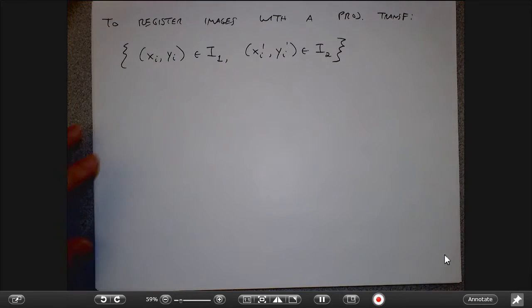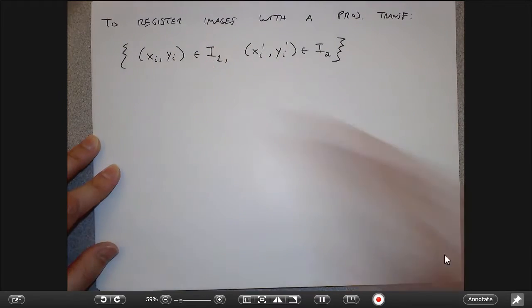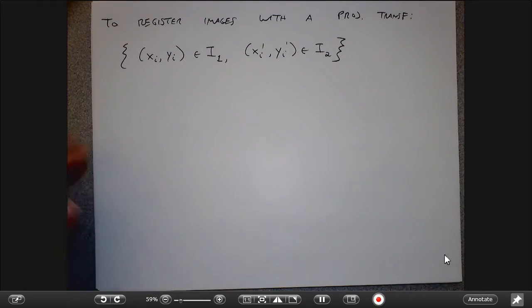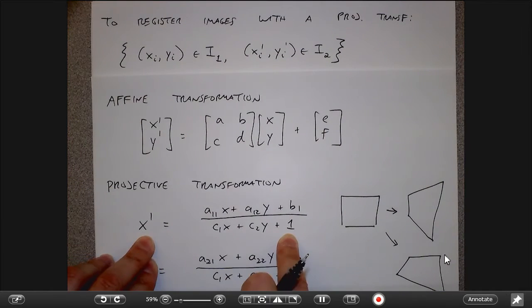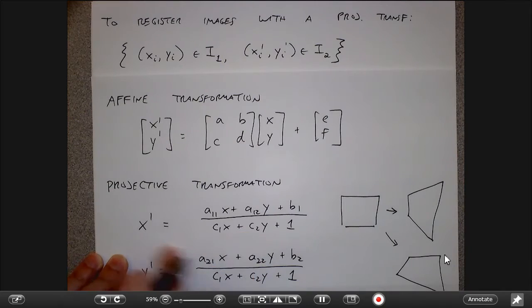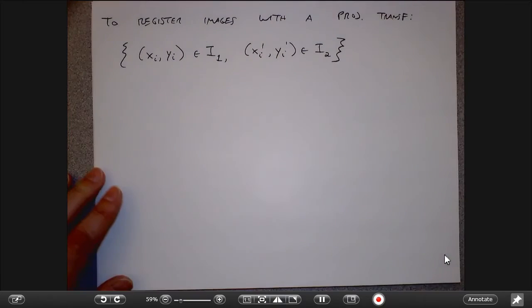Well, let's look back at my projective transformation equation. What I'm going to do is rewrite these equations by bringing the denominator over to the left-hand side. So I'm going to multiply the left-hand side by this. So what does that mean for the first equation?